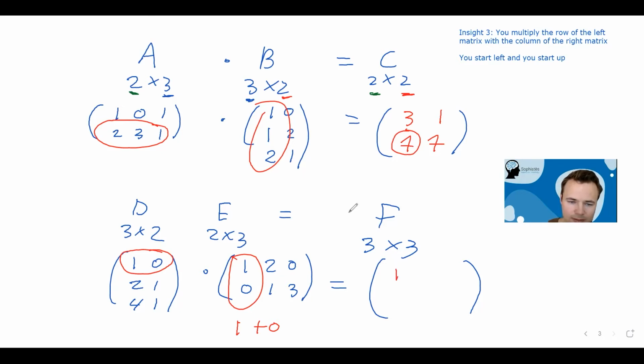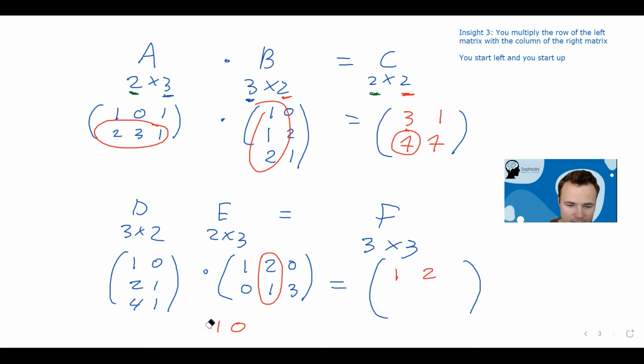You see that? Then, to get the element from row 1, column 2, I use row 1, column 2. I start left and I start up. So 1 times 2 is 2, and 0 times 1 is 0. So this will give me 2.